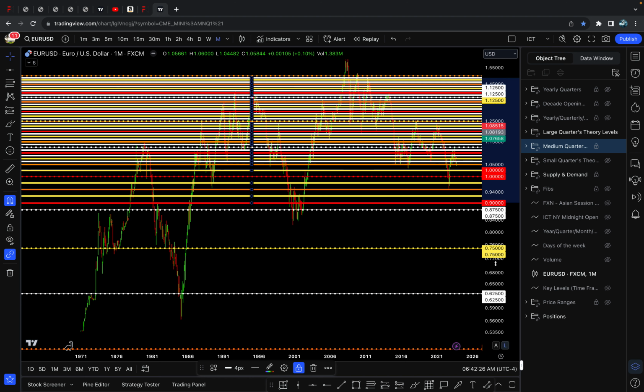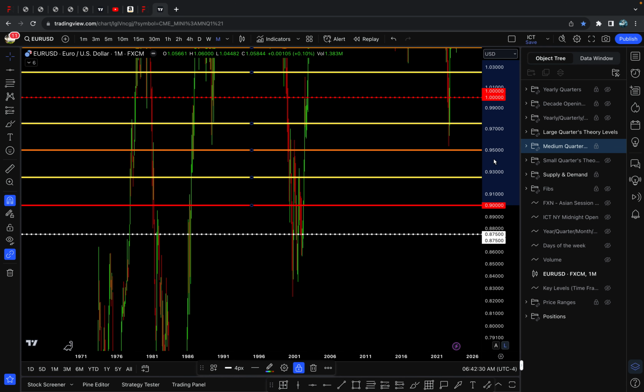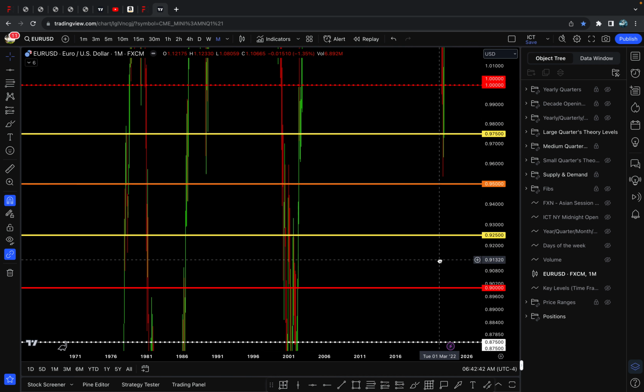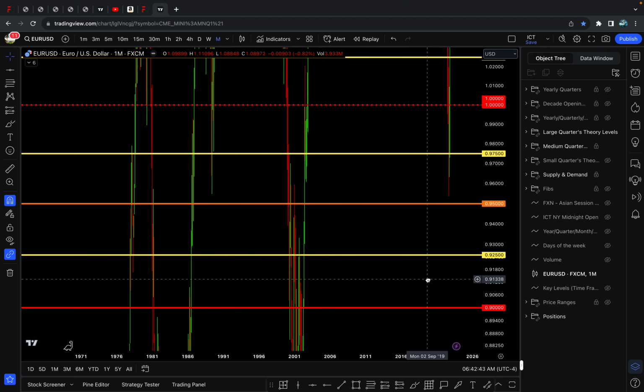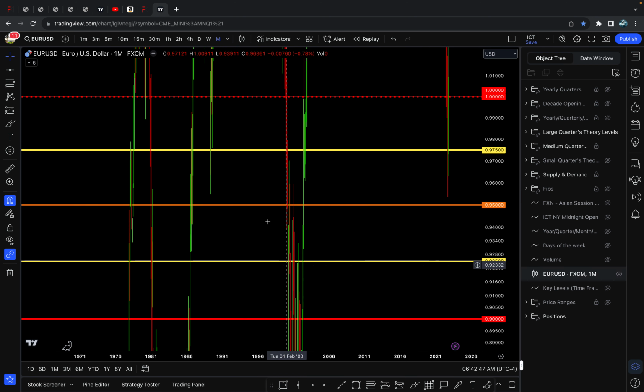Yeah, I know it looks bad now, but I'm gonna zoom in. Sorry, my mouse froze. I know it looks crazy right now, but just as far as the price action zooming through, we are in the monthly.